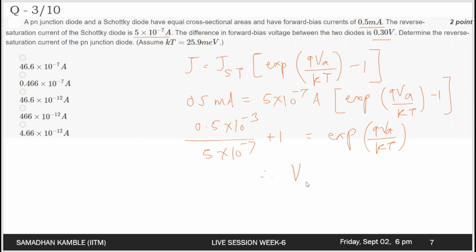So VA will be KT by Q times ln of, if you rearrange it, 10 to the power 3 plus 1, that is 1001. Substituting KT by Q here, we get the value of VA as 0.1789 volt.